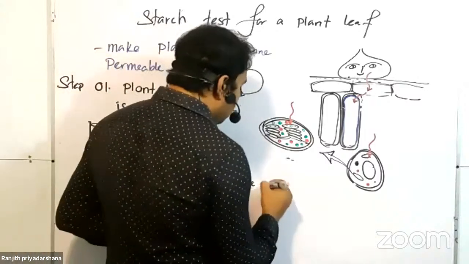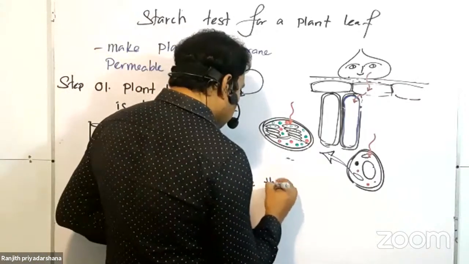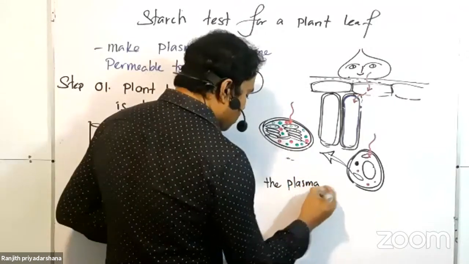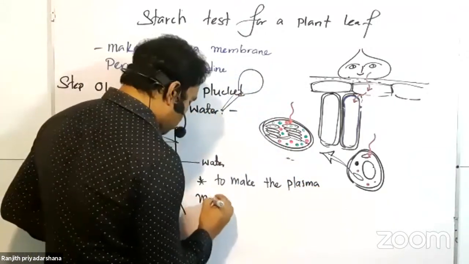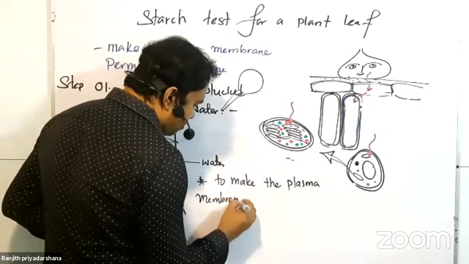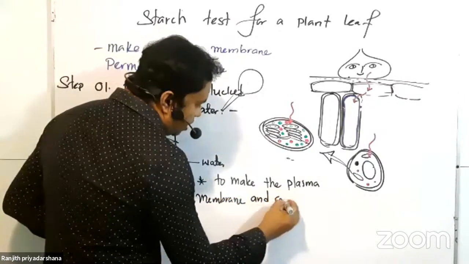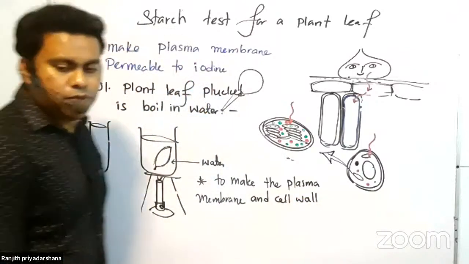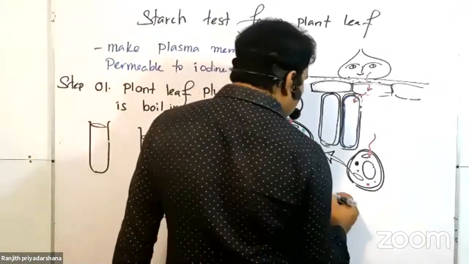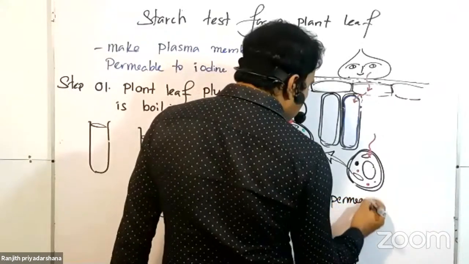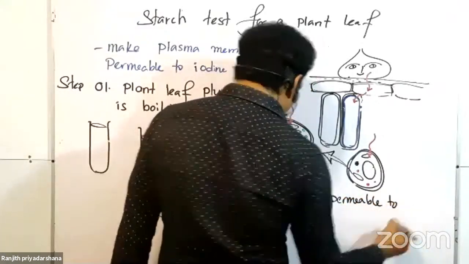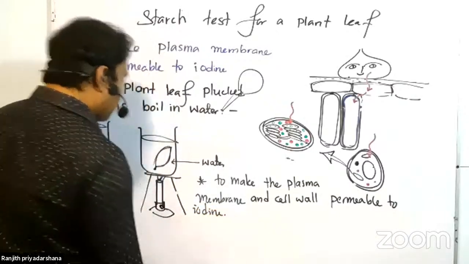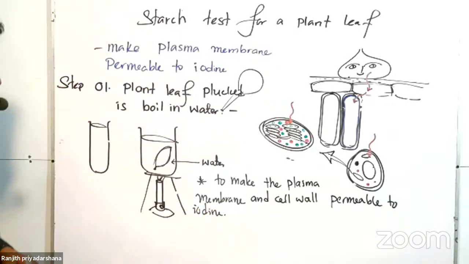To make the plasma membrane and cell wall permeable to iodine. Permeable to iodine. Hurry. Okay, now it's okay.